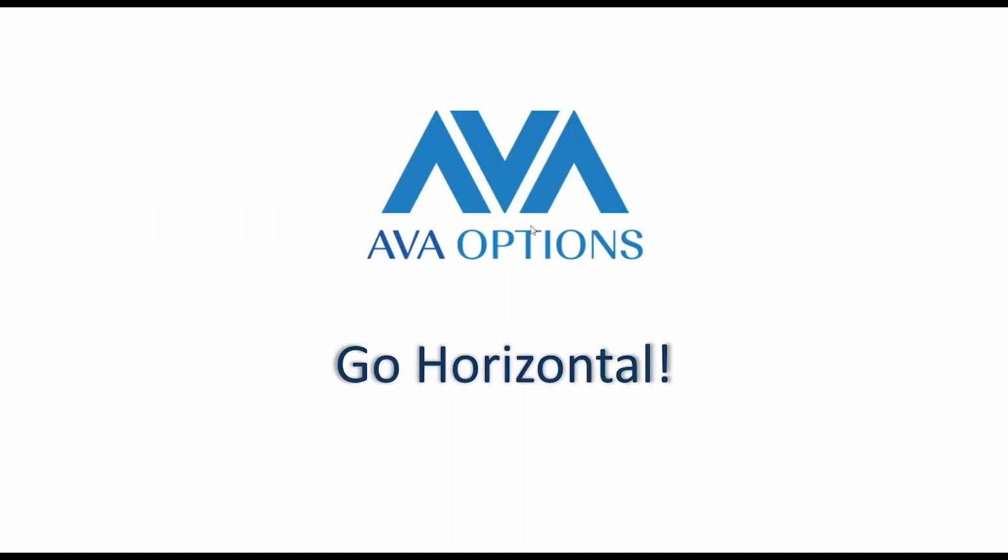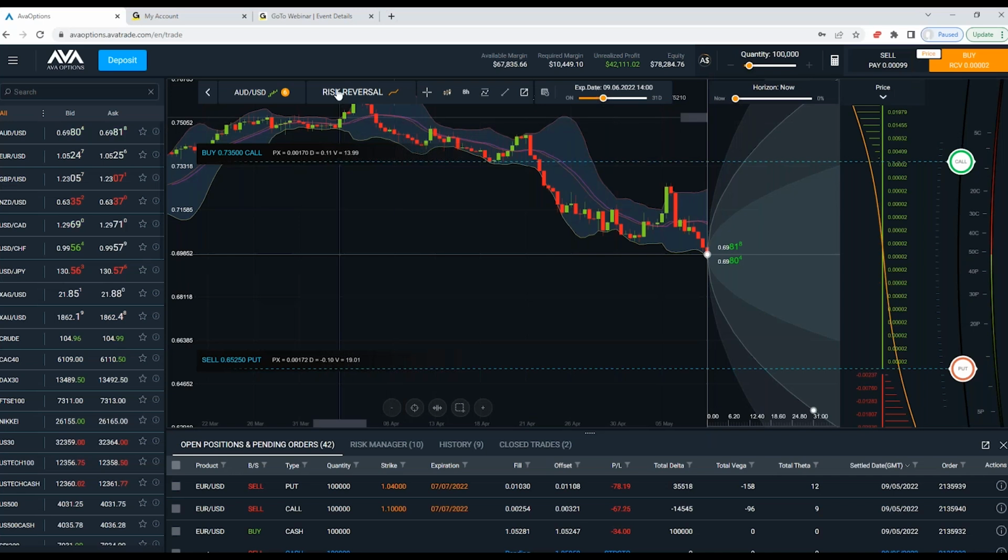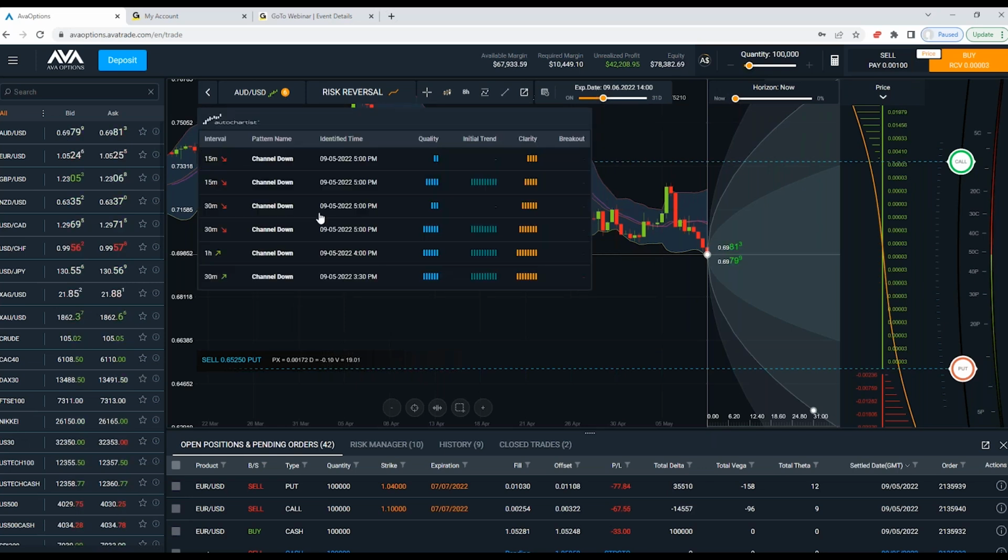Let's go back to the platform. I mentioned auto chartist. I click this, see Aussie dollar, there's the orange 6 next to the auto chartist icon. There are 6 automated pattern recognition signals showing that in most of them, according to a 15-minute chart, there's a bearish signal on Aussie dollar.